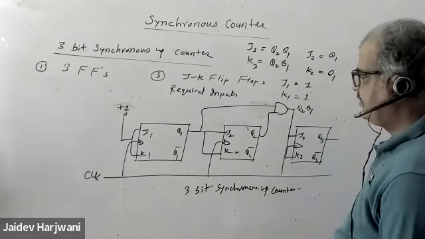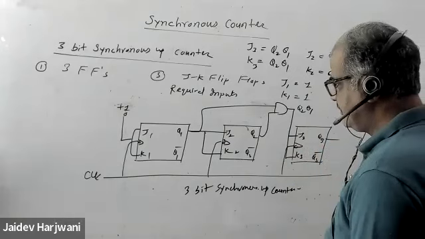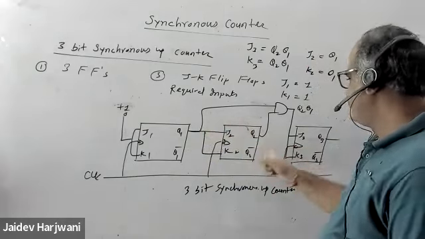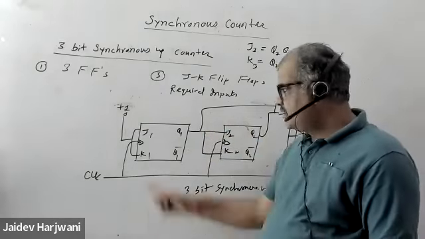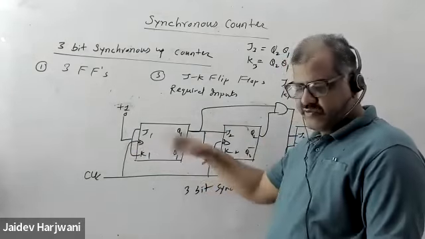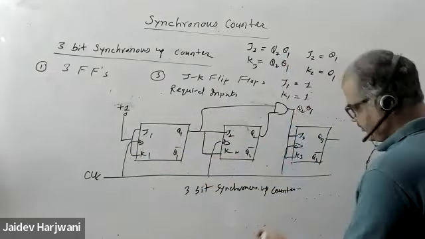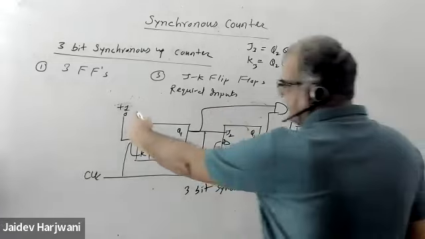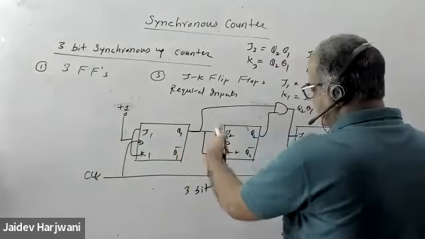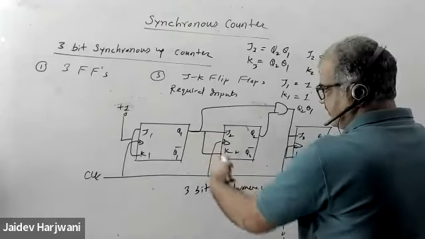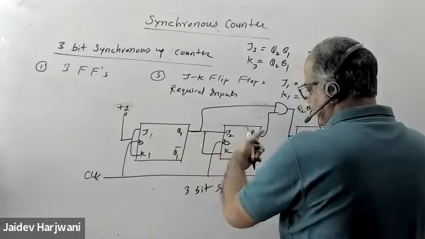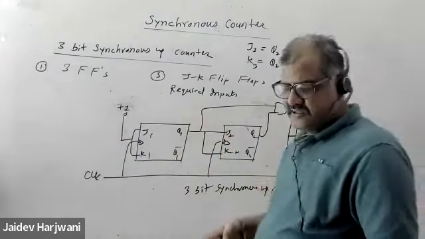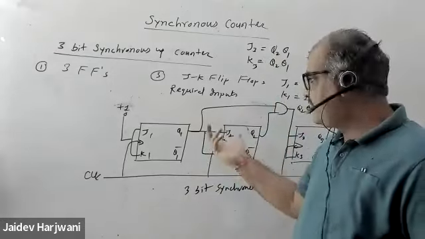Now you can always check. You can start with 0 0 0, Q1 0, Q2 0, Q3 0. Then on the first clock, you see Q1 will always toggle, because J1 and K1 are 1. The rest you have to check to see what is happening, what Q1 does when it goes to the next stage. That's why you have to put in values. Assume some state and then find out the final state it goes to. It's not necessary to start at 0 0 0.